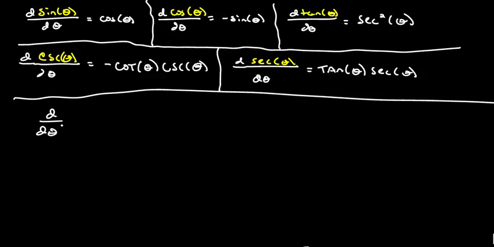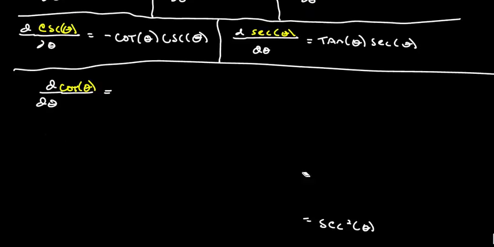So we want to know what is d d theta of cotangent. How do you differentiate the cotangent function? Well, d d theta of cotangent is the same as d d theta of cosine over sine.